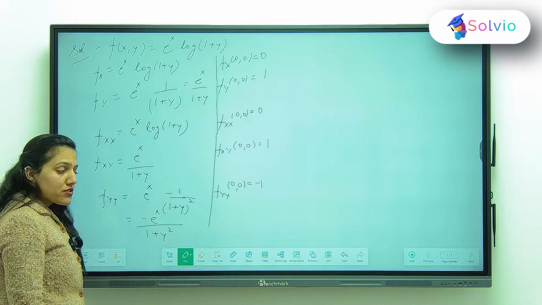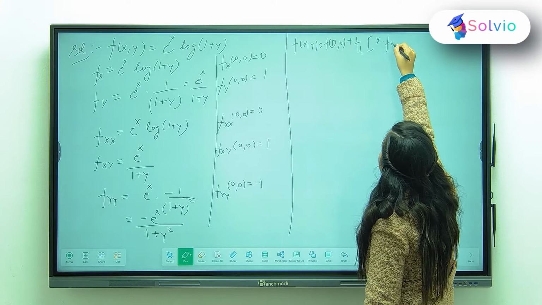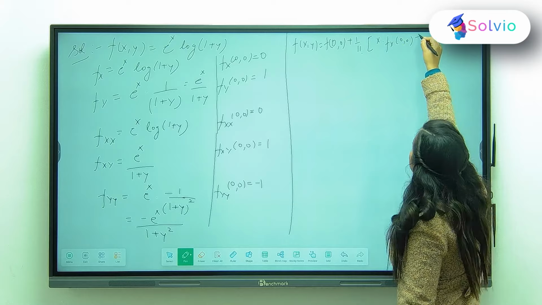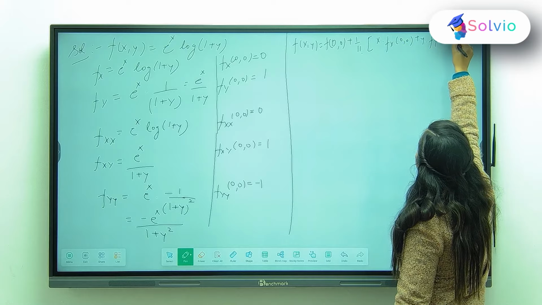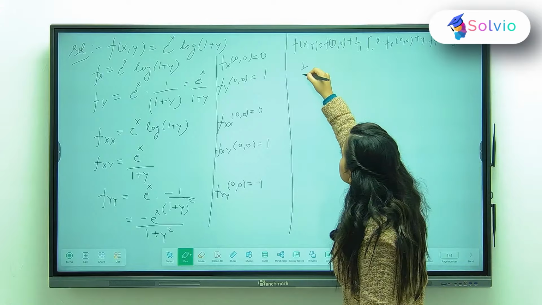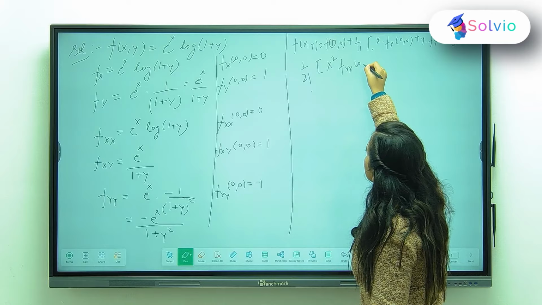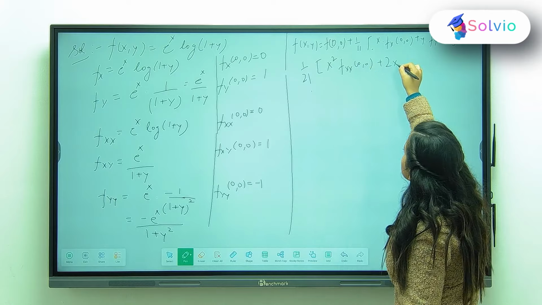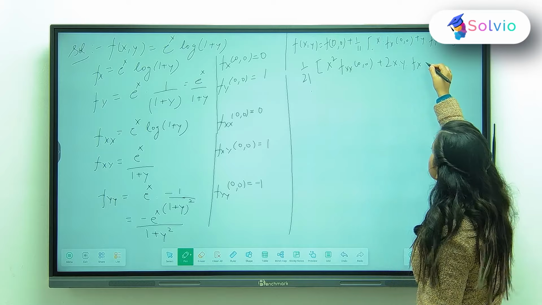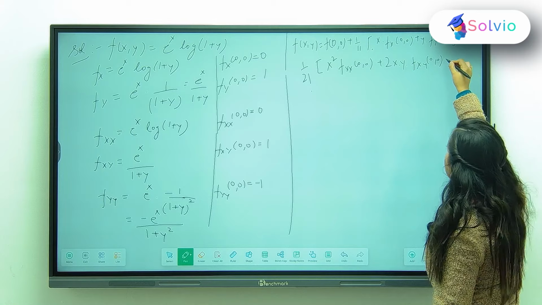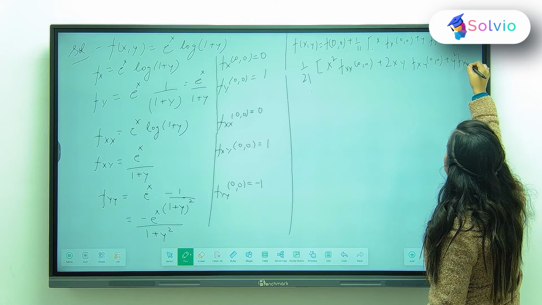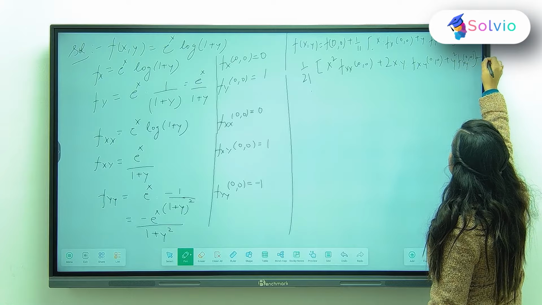Now the general Maclaurin expansion at any point x comma y is equal to f of 0 comma 0 plus 1 upon 1 factorial times x into fx at 0 comma 0 plus y into fy at 0 comma 0 plus 1 upon 2 factorial times x square into fxx at 0 comma 0 plus twice of x into y into fxy at 0 comma 0, right, plus y square fyy at 0 comma 0 plus so on, right.